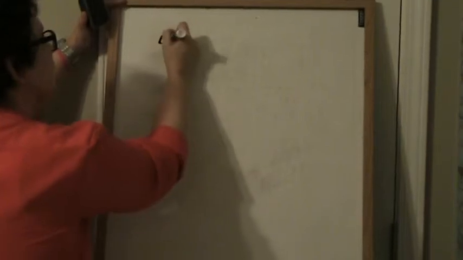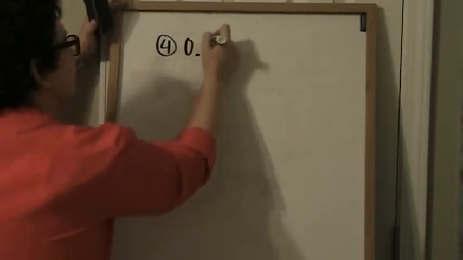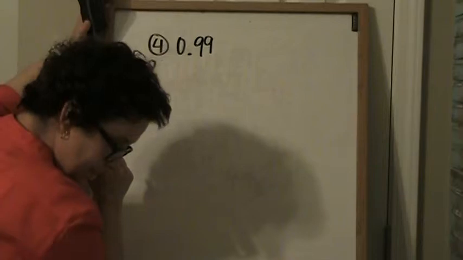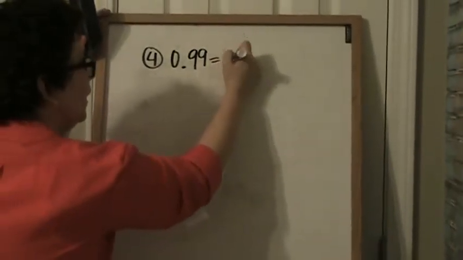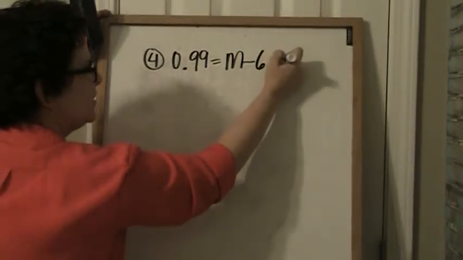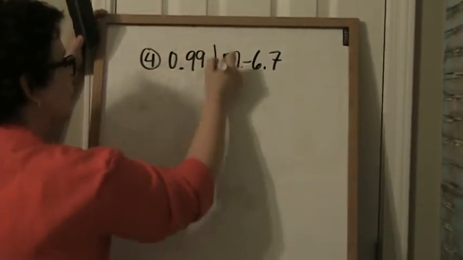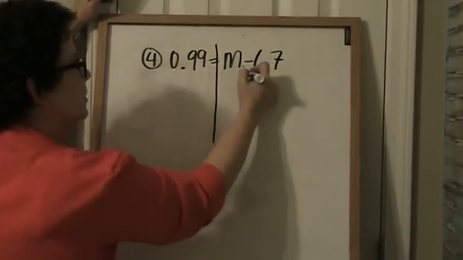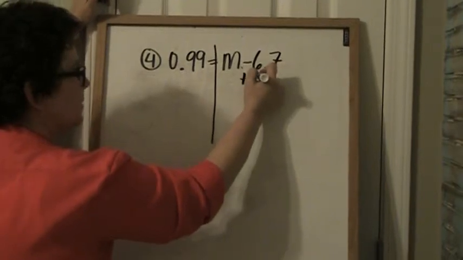Okay, here we go with number 4. I like to put my 0 in front of my decimal points. You guys know that. So 0.99 equals M minus 6.7. Draw my line. Inverse of subtract is add.